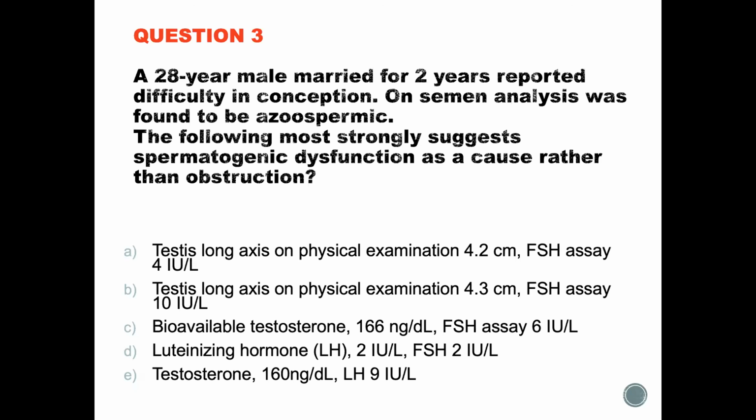In this case, the values given in option B are quite suggestive of maturation arrest: FSH a bit higher and testes volume normal. In other cases where the testosterone is low, think of a pituitary cause rather than a testicular cause. Testosterone is usually normal or borderline low in a testicular cause.